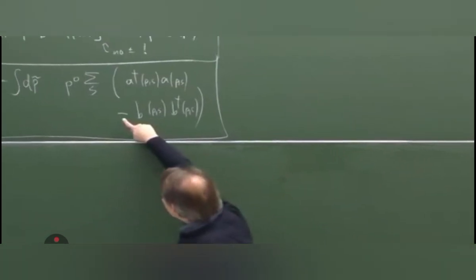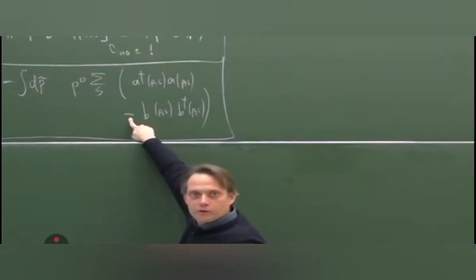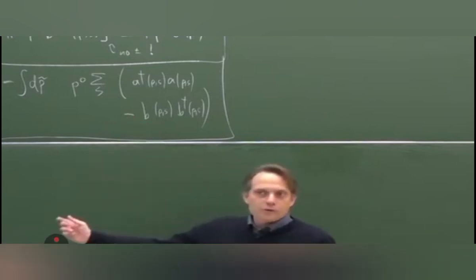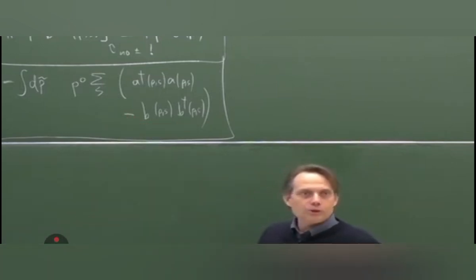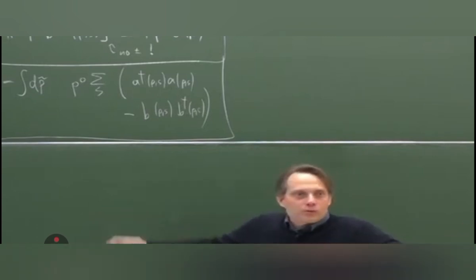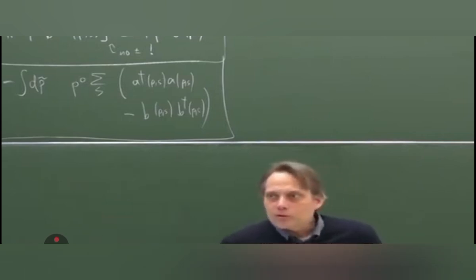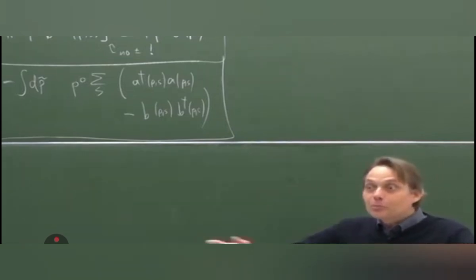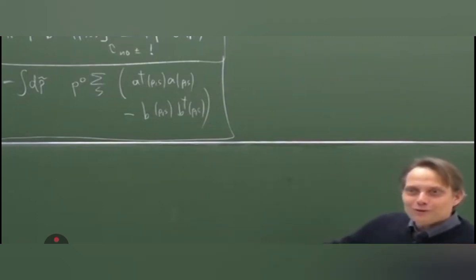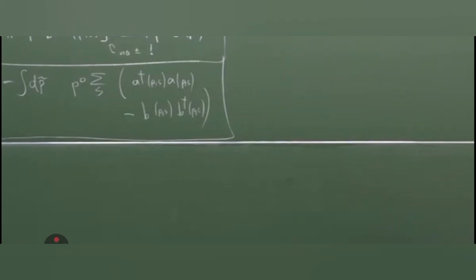One small difference is the sign here. And another small difference was the sign in the commutation relation for B and B dagger. B and B dagger had the wrong order. And so can we simply say that doesn't matter? It cannot be that important, we just rename B and B dagger, maybe then it has the right order. Or does it actually matter? Okay, and that is what we are now discussing.